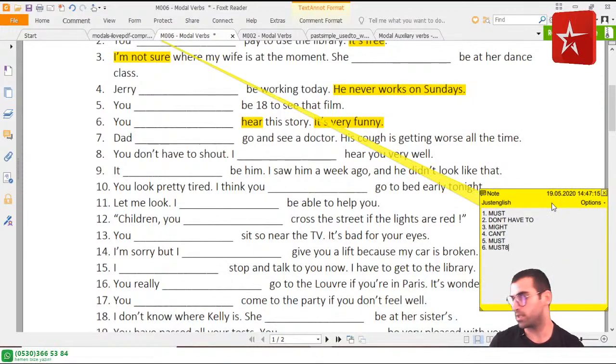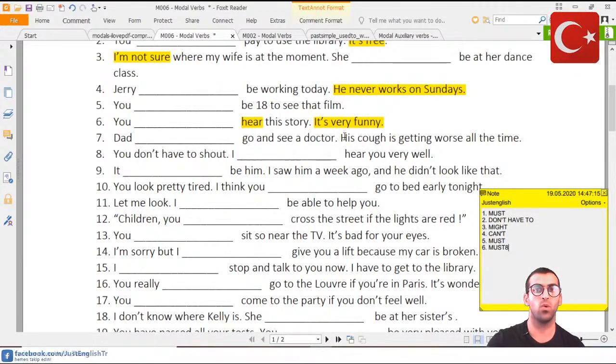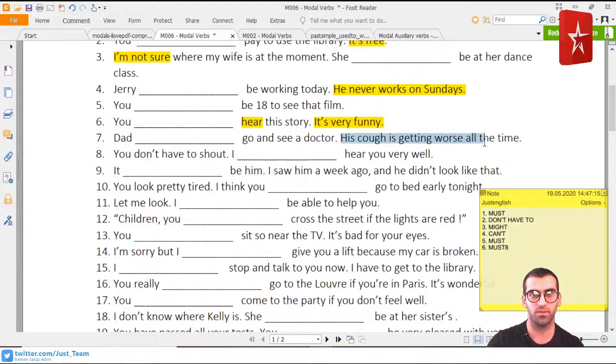Number 7: Dad, you should go and see a doctor. His cough is getting worse all the time. For number 7, which one should we use? Let me highlight it. His cough is getting worse all the time.